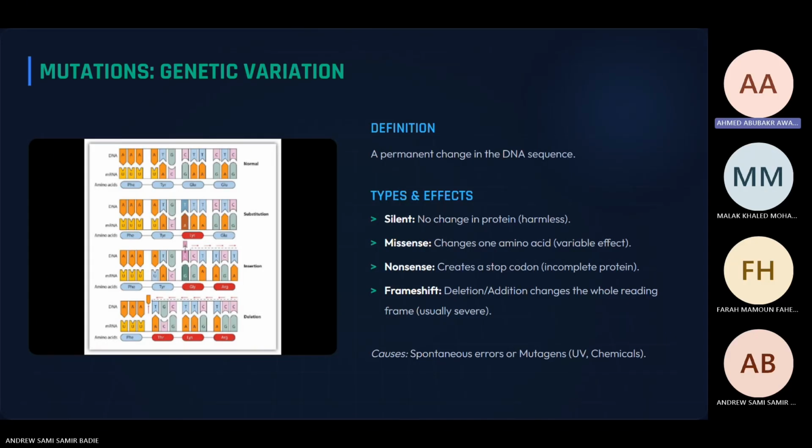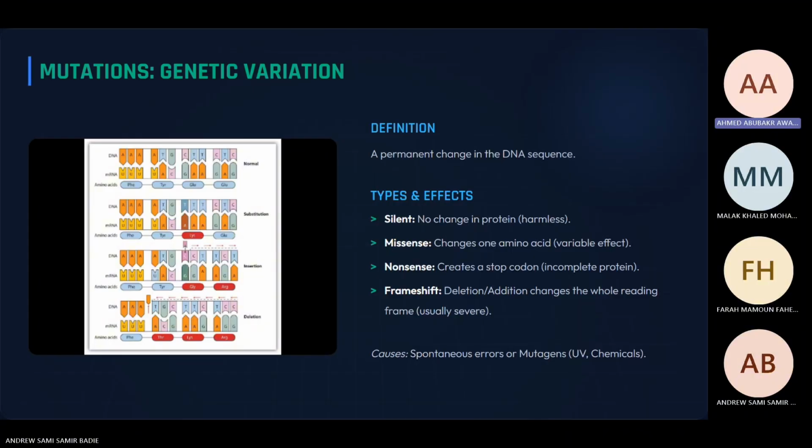And nonsense mutations, this is when we insert a stop sign very early in the long DNA chain. So the protein is going to get shorter and eventually is going to fail. A frameshift mutation is when we add an additional nucleotide or we delete one.